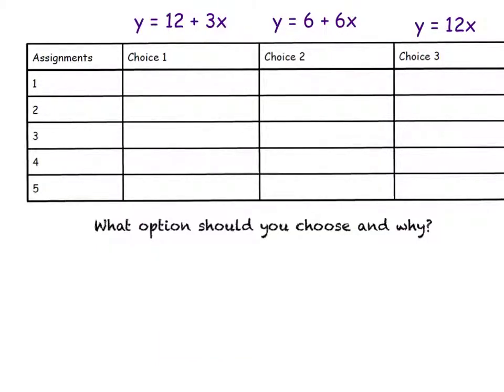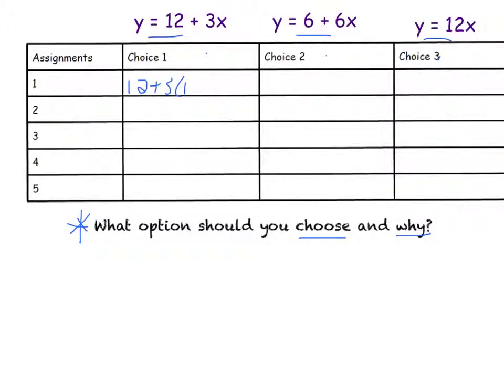So the next set of directions is to figure out how many M&Ms you would give for each of the choices, given the equations we just wrote. So which option should we choose and why? Once we fill out this table, we should be able to see a pattern to choose and justify our reasoning. So choice 1, we could complete the table in a couple different ways.